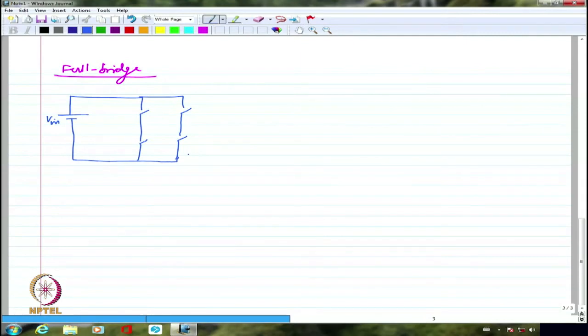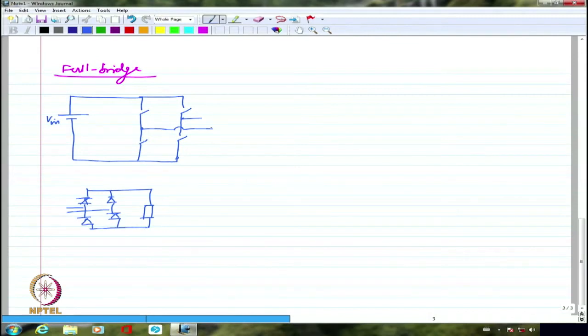If you may recall, we used to draw this as the full bridge converter. These are the two diodes and these are the two diodes, and we used to connect the DC here. It is exactly the same way. DC load is connected here and AC is here. Similarly, we are going to tap our AC from here.